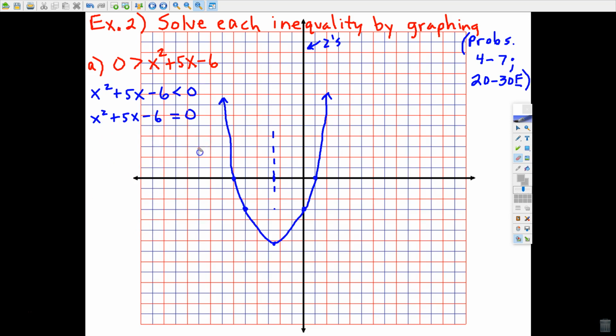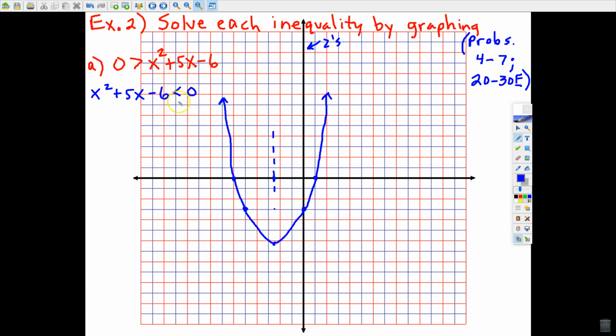So it's the graph that will help us basically answer the question. What this is really saying is, when we look at this parabola and we're trying to identify x-coordinates on this parabola that are located where the parabola is below the x-axis. That's really what this means.